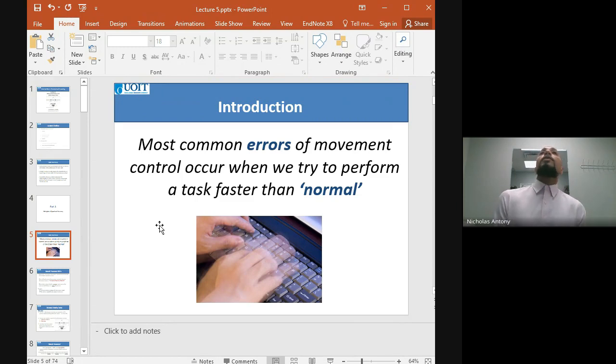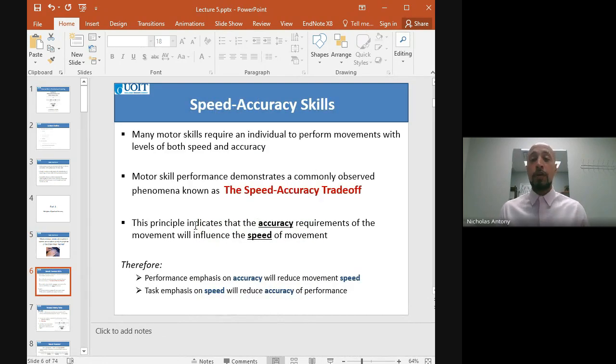So let's first start off by commenting on what has been seen and discussed a lot in this course, but what had been noticed in early motor control research, this whole idea of a speed accuracy trade-off. We see that most errors occur when we are trying to complete something quickly.